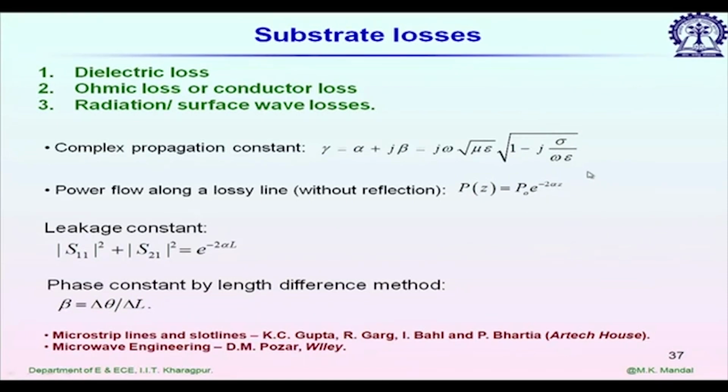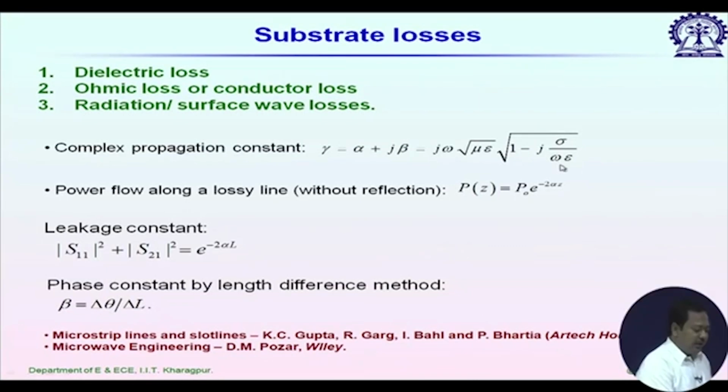This alpha and beta we can actually measure by fabricating two different lengths of line. The loss whatever we have is included in alpha, and if there is any phase variation or any dispersion effect, we can determine that from the beta variation.